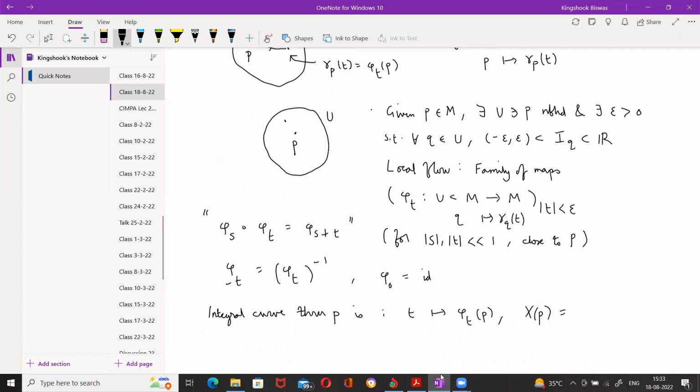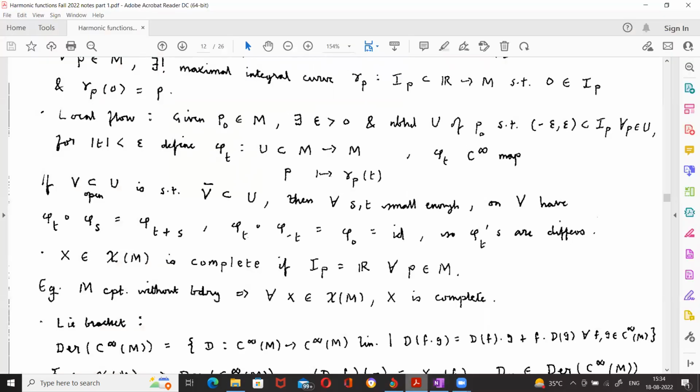By definition, it's the derivative of the integral curve at time 0. So this is d/dt at t equal to 0 of phi t of P.